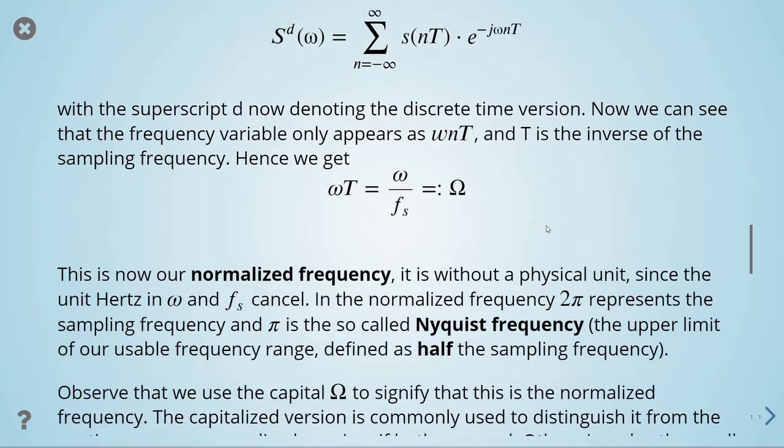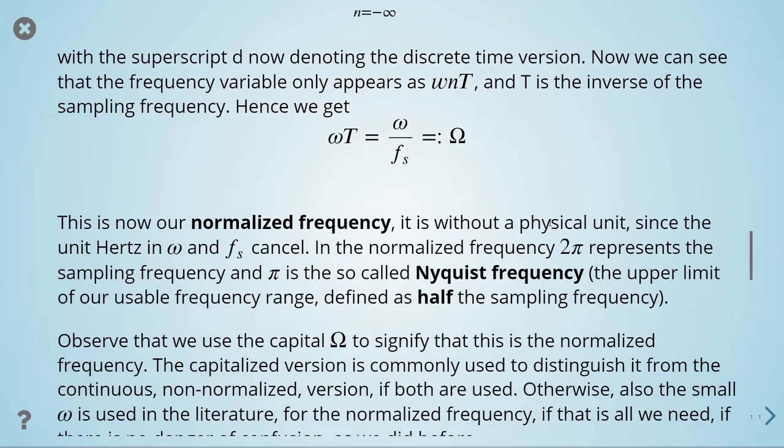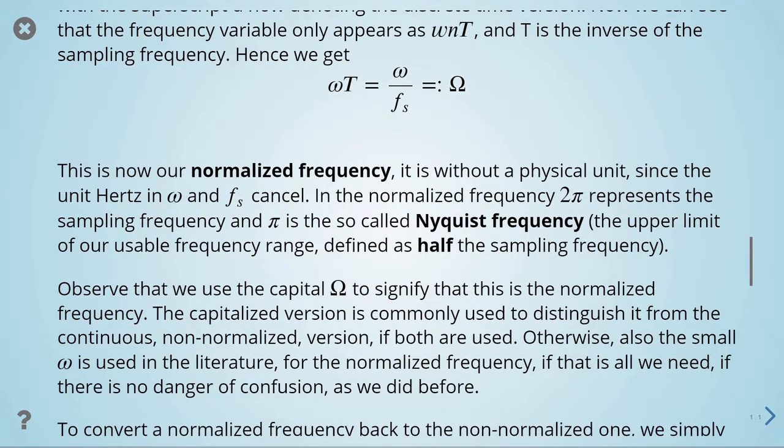In the normalized frequency, 2 pi represents the sampling frequency, and pi is the so-called Nyquist frequency, the upper limit of our usable frequency range, defined as half the sampling frequency. Observe that we use capital Omega to signify the normalized frequency. The capitalized version is commonly used to distinguish it from the continuous non-normalized version if both are used.